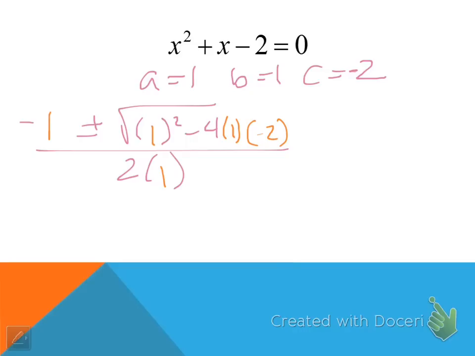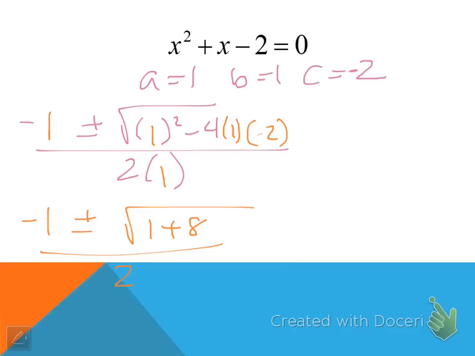The hardest part now is just going to be simplifying, because some of these can be kind of difficult to simplify. So 1 squared is 1. Negative 4 times 1 times negative 2. So that's going to be negative 4 times 1, which is negative 4, times negative 2, so plus 8. And then 2 times 1 on the bottom is just 2.